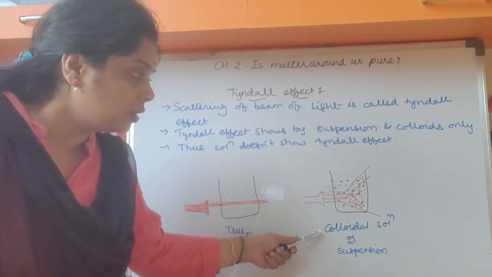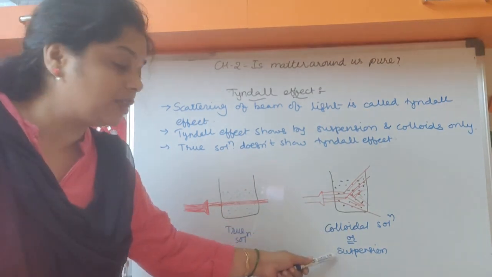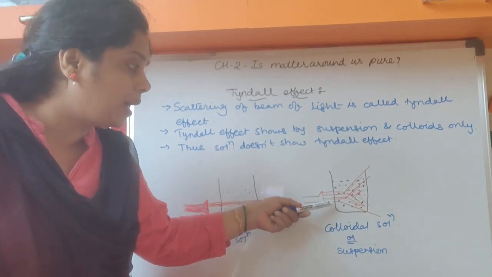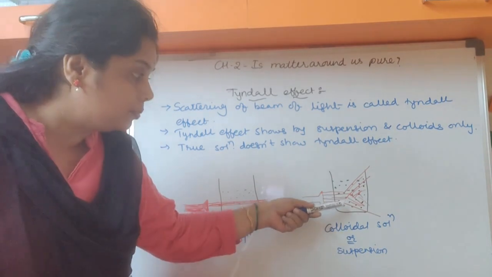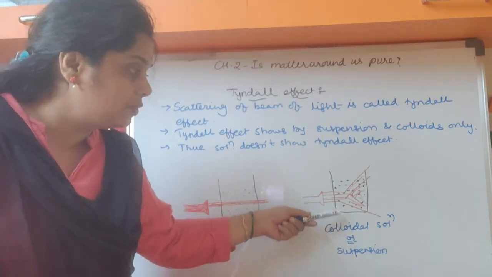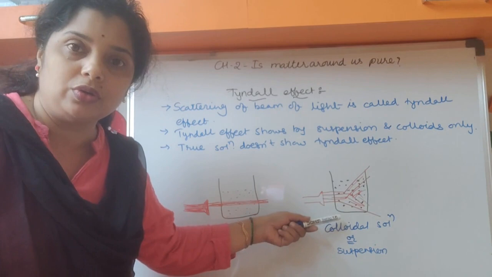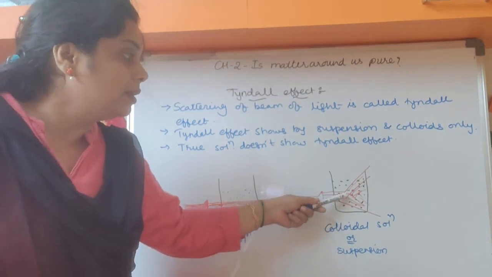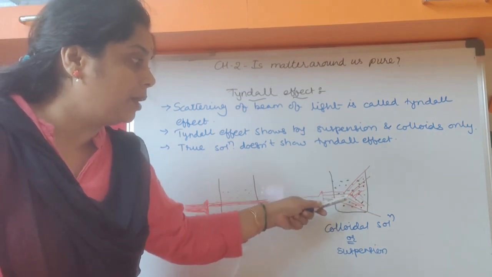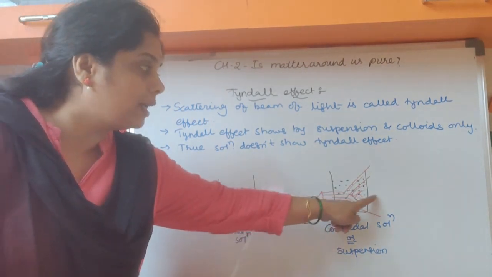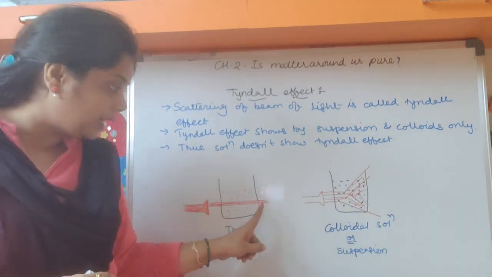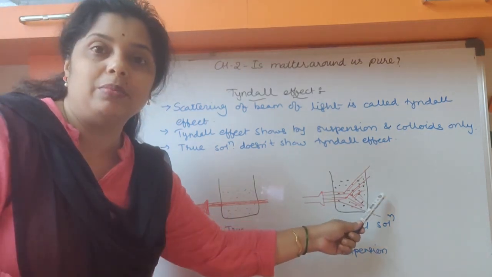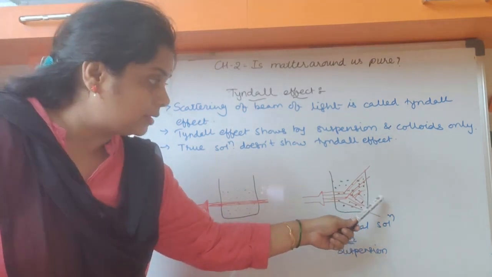On the other hand, in the case of a colloidal solution and a suspension, when we apply light on the beaker filled with the colloidal solution or suspension, the particle size of the solute is so big that the light beam scatters, and therefore we cannot get a beam on the other side. We get a beam in the first case, but we cannot get a beam in the second case.